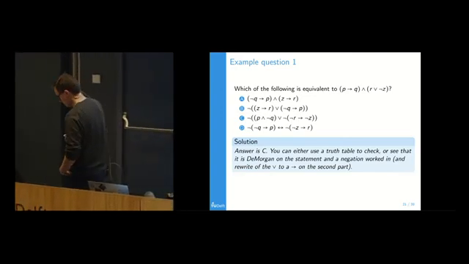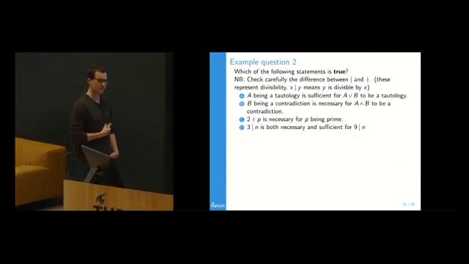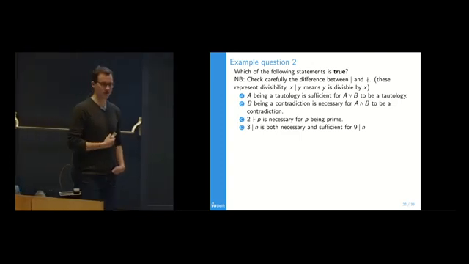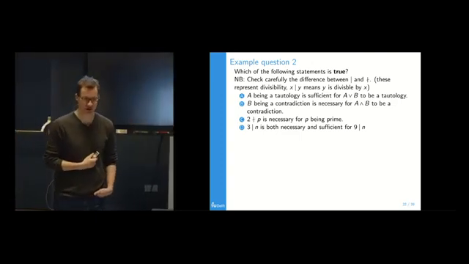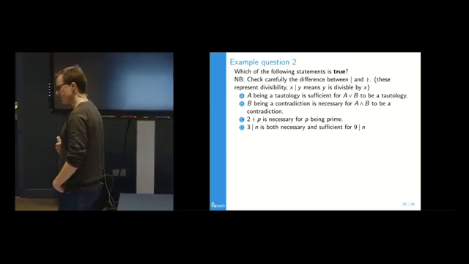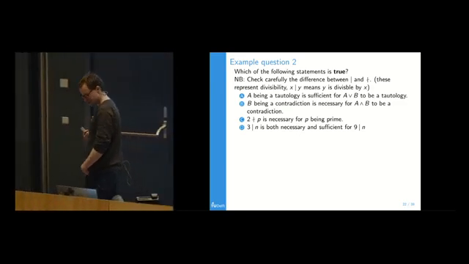One more example of types of questions you could get is something like this. Which of the following statements is true? I give you 4 options. Answers A and B you might be able to reason about a little bit, although today I didn't talk about what sufficient and necessary actually mean.